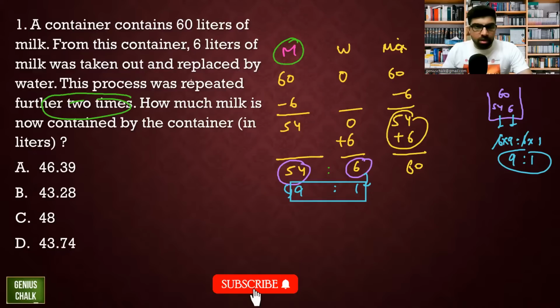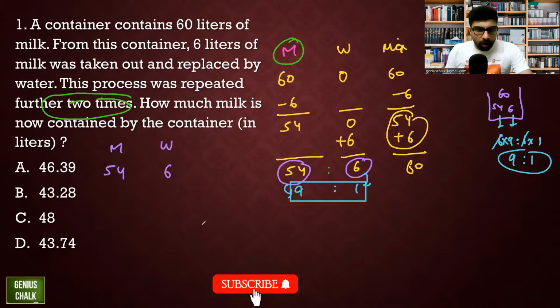So now what is my next step? My next step is that we have to take this mixture out, and this has to be repeated 2 times. So we know the concept. Whatever thing we draw will always come out in the same ratio, and whatever is left will also be left in the same ratio. So I'm writing here, this is milk, this is water, 54 milk, 6 water.